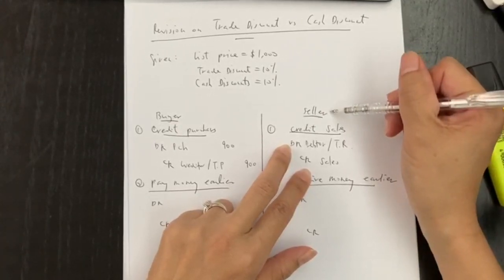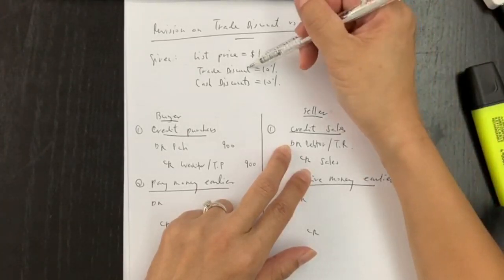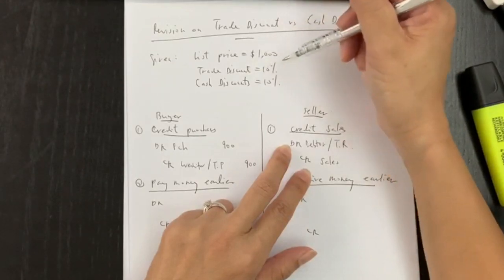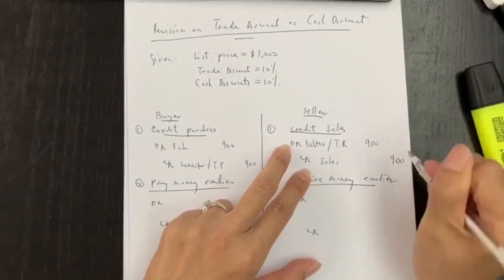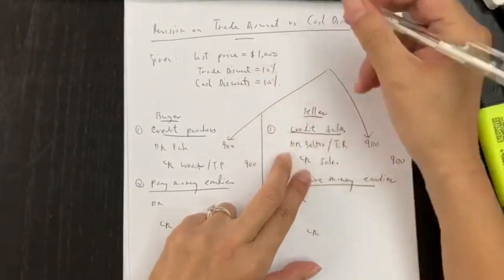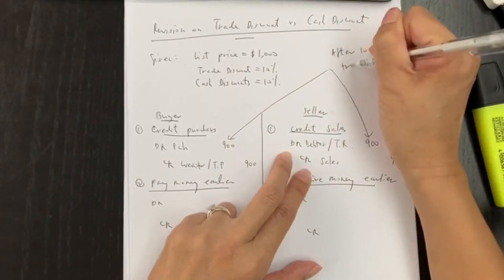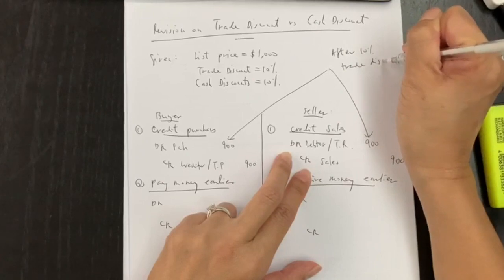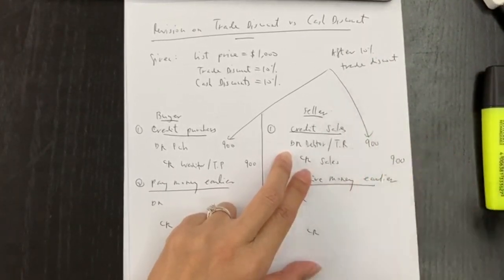So what can we do to increase the incentive for the buyer to buy us more? We can give them trade discounts, right? So the price is cheaper. So that will be 900 here and 900 here. Are you okay? So therefore you can see this 900 and 900 here is already after 10% trade discounts. So you can see trade discount actually has no double entry.